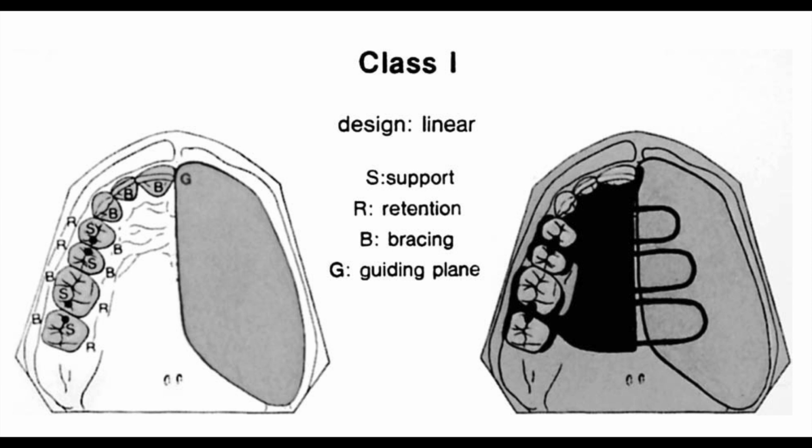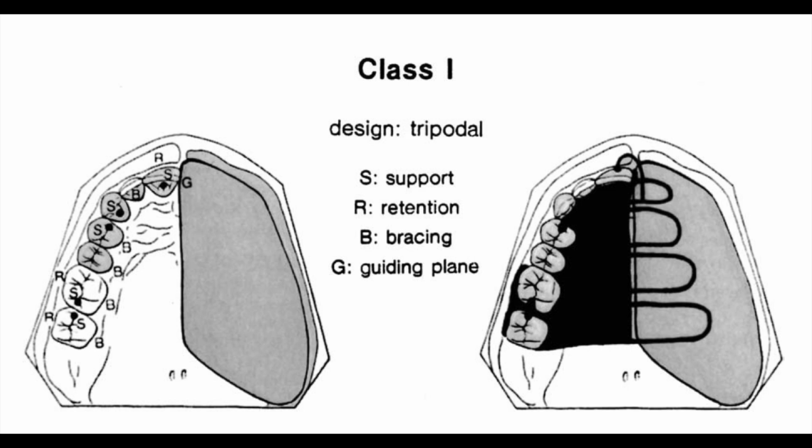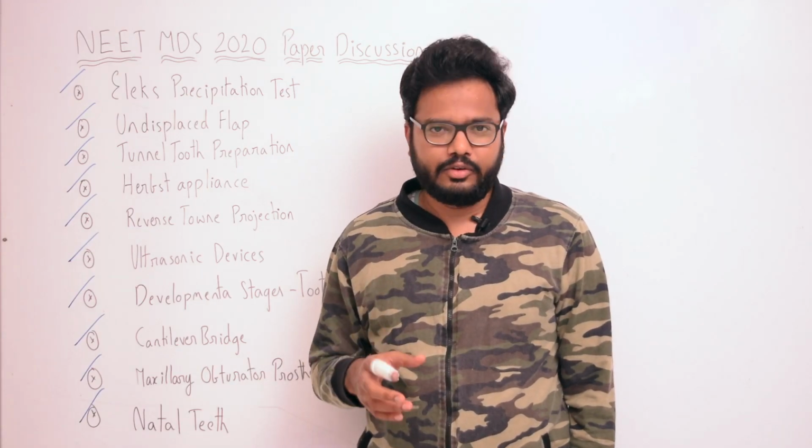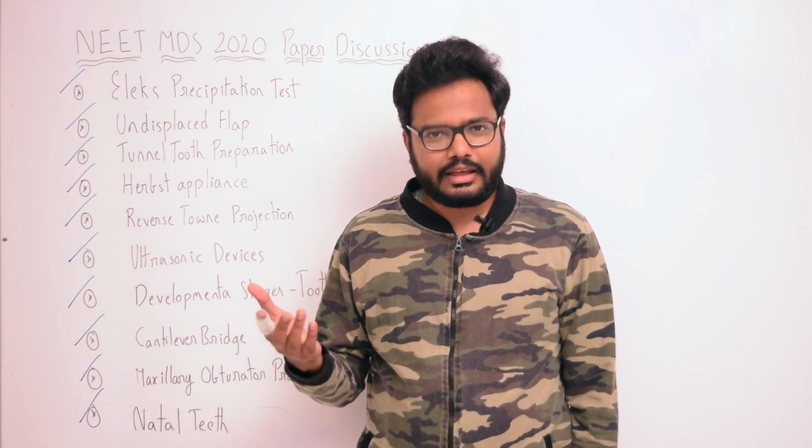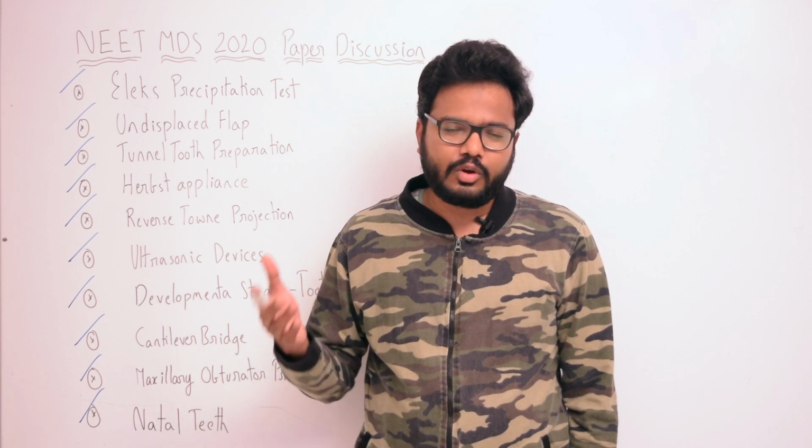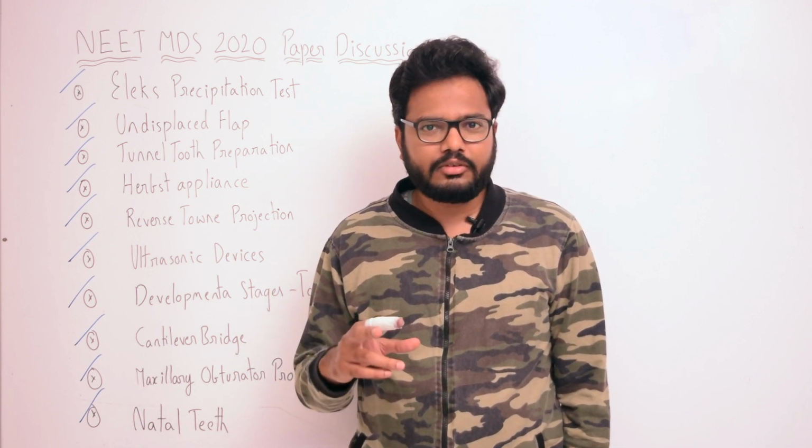This unilateral defect is one of the most commonly seen in maxillofacial rehabilitative practice. Armany made several recommendations regarding the framework design for this class, proposing a linear design if the remaining anterior teeth were not to be used for support or retention, and a tripodal design if the anterior teeth are used. You can go through additional classification details, including images, in the link which I'll be sharing in the description part of the video.